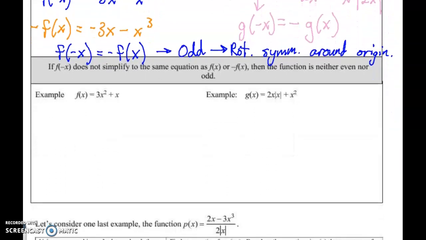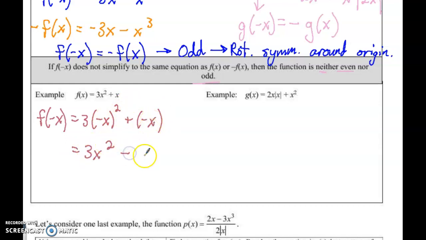So these next couple problems are just asking, is it even, odd, or neither? So you can feel free to work through this at your own pace. But as you look at this first one, again, feel free to do this on your own and then see if you get the same answer as me. Well, as you look at this, the negative, once you square it, gives you positive, so 3x squared, and then minus.